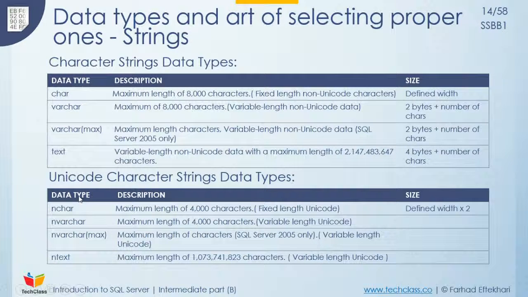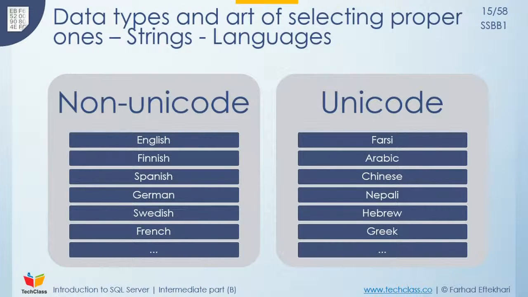And let's see what's the difference between Unicode and non-Unicode data type. Some languages, when you want to store their text, are non-Unicode, and some are Unicode. Mostly the ones that come from Latin letters are non-Unicode, and the other ones such as Farsi, Arabic, Chinese, Nepali, Hebrew, Greek are Unicode.